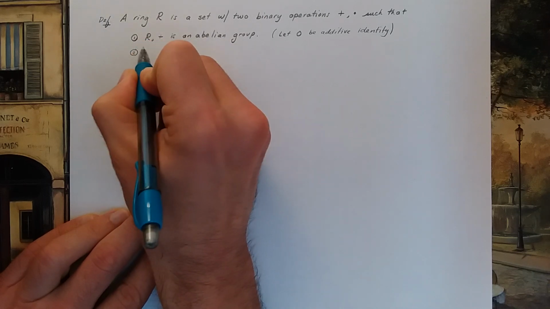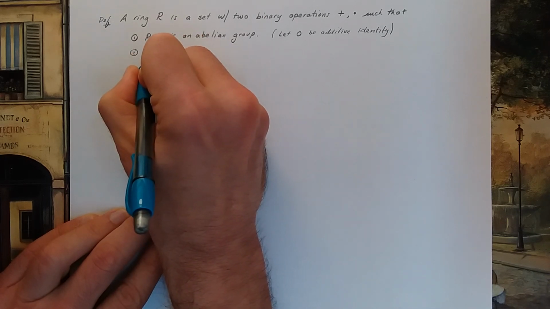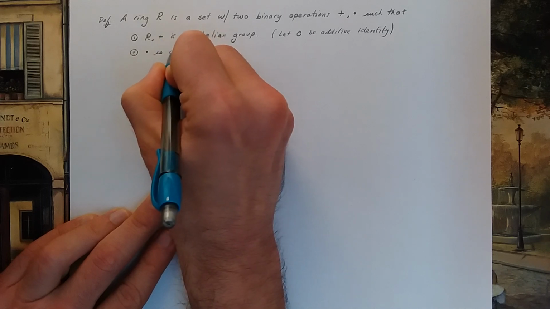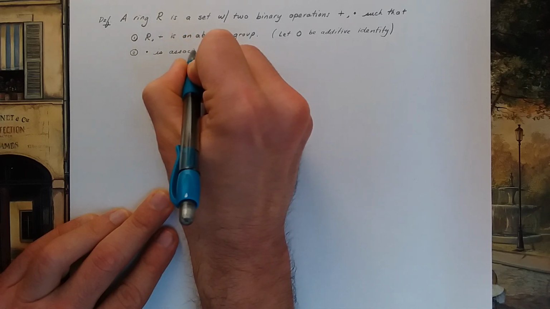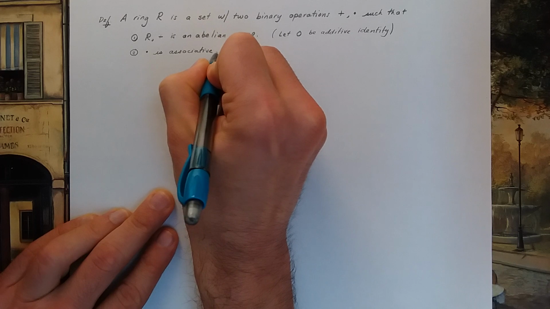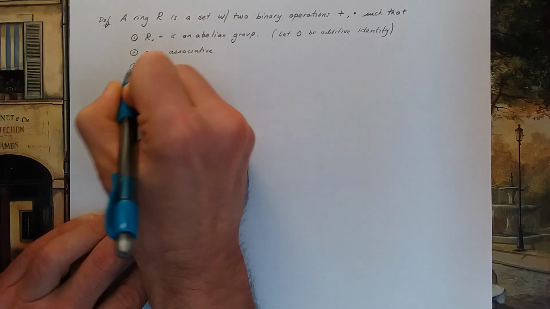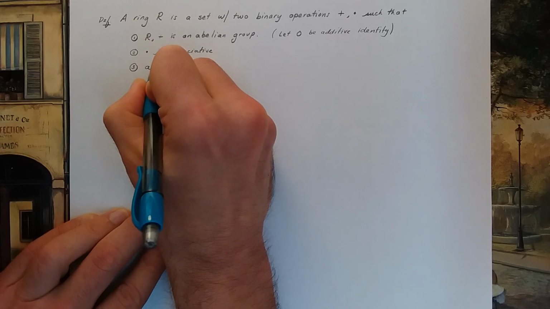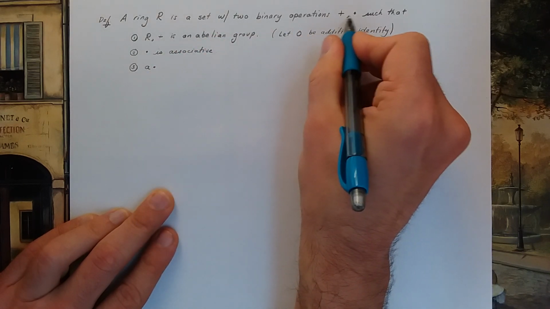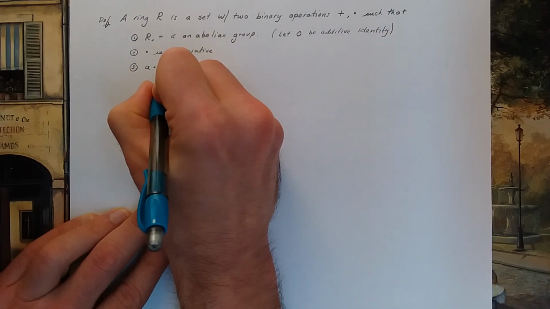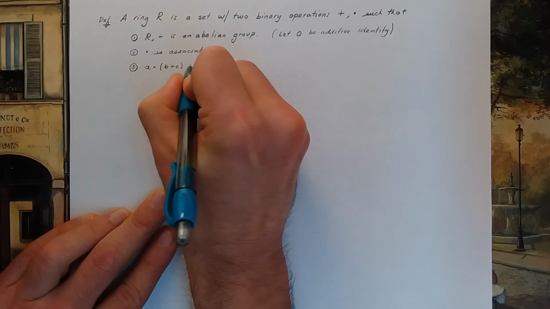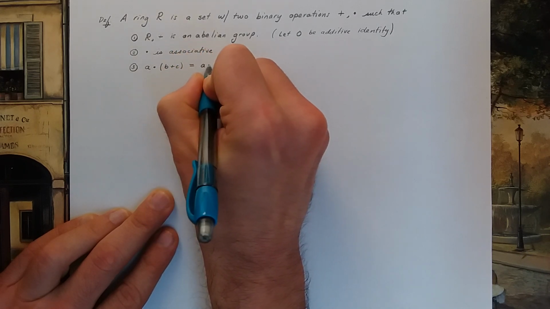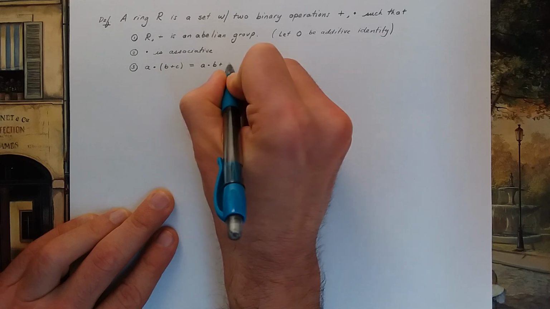Condition 2 for a ring. The multiplication is associative. Condition 3. There's like a distributive property with the relationship between multiplication and addition. So multiplication distributes over addition.